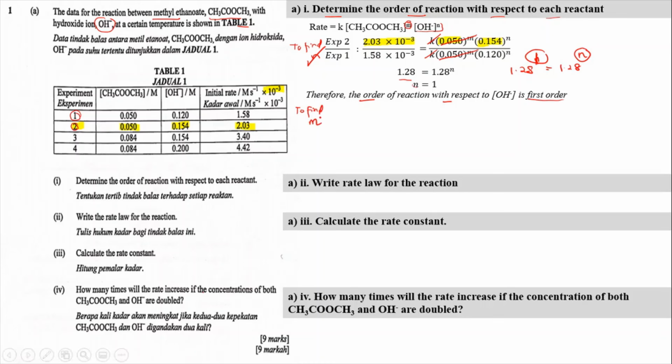So in order to find M, we need to find the concentration of M that is changing. So as you can see, we can compare number 3 with number 2. Because 0.154 can be cancelled out, and then we can compare here again with this value here. Okay, so what I'm going to do is compare experiment 3 divided by experiment 2.